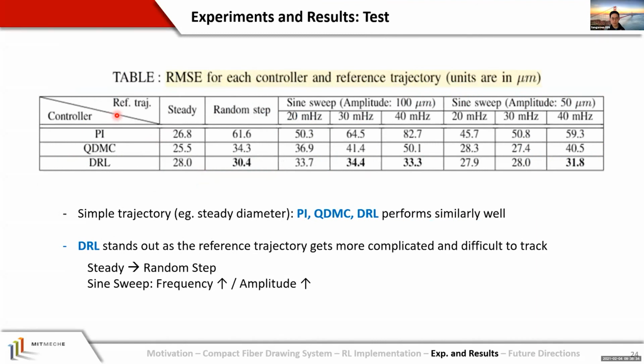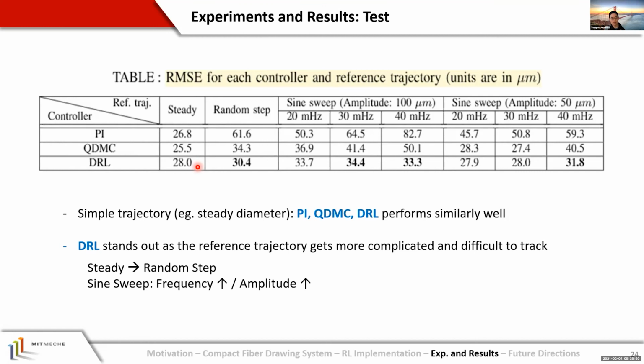This table summarizes all the results that I showed so far. When the reference trajectory is simple, for example, a steady trajectory, all of the PI, QDMC, and DRL performed similarly. However, the DRL starts to stand out as the trajectory gets more complicated and difficult to track.